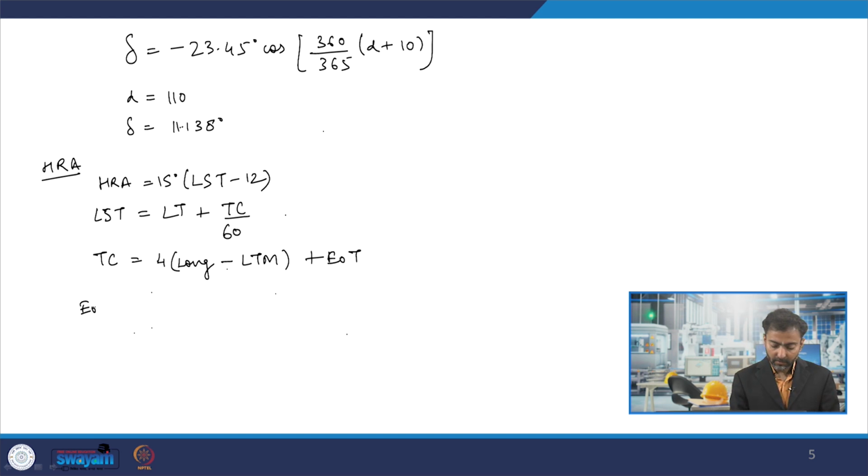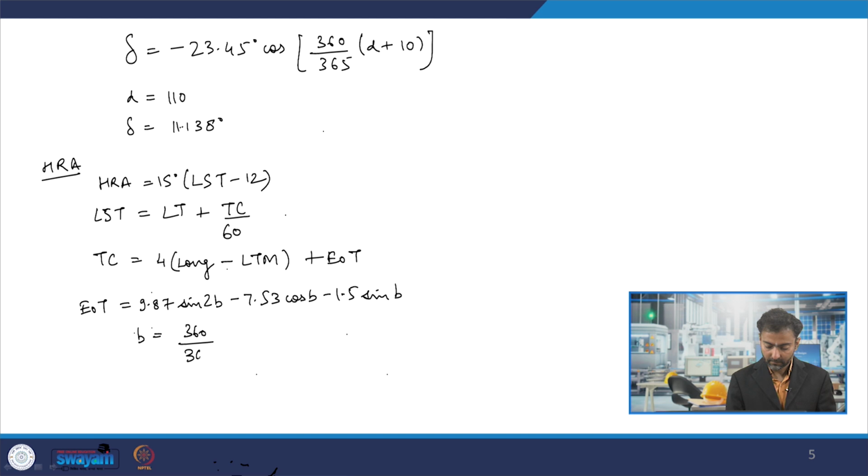EOT, which accounts for the eccentricity of Earth's orbit and the axial tilt of the Earth's axis of rotation, is given by 9.87 sin 2b minus 7.53 cos b minus 1.5 sin b, where this small b is 360 by 365 into d minus 81.